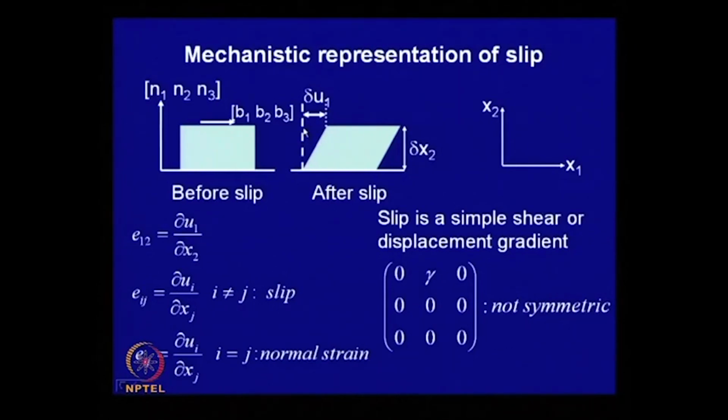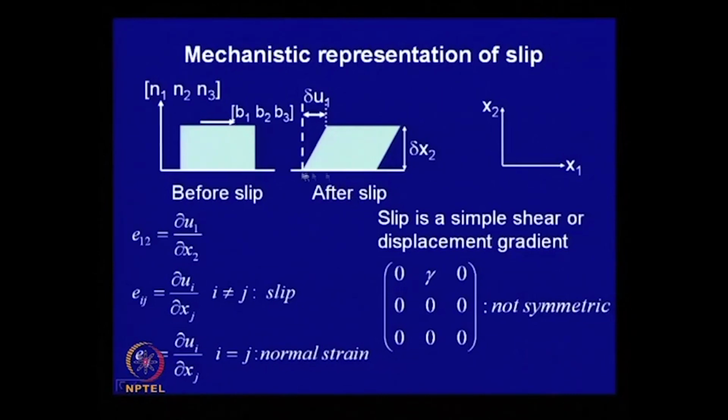So, that means this is this over the distance of this plane from this, and this is called a displacement gradient, and it is represented as E12. So, that means E12 represents displacement along direction 1 on plane 2.